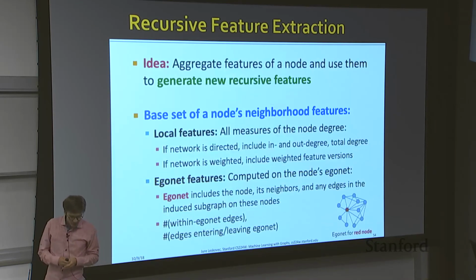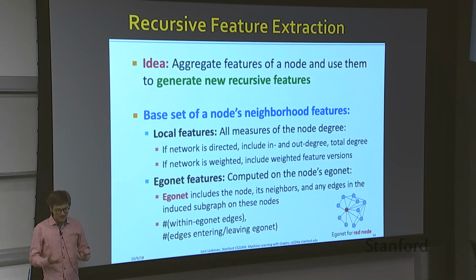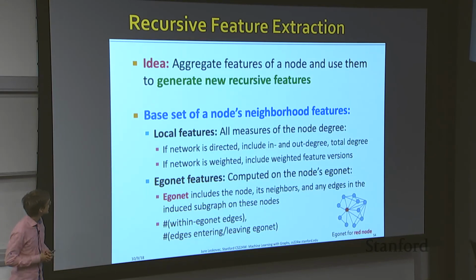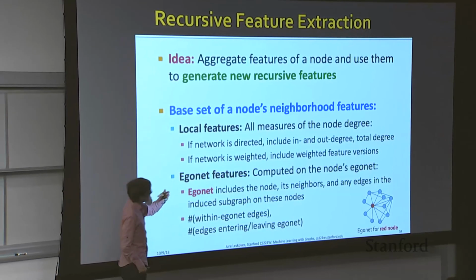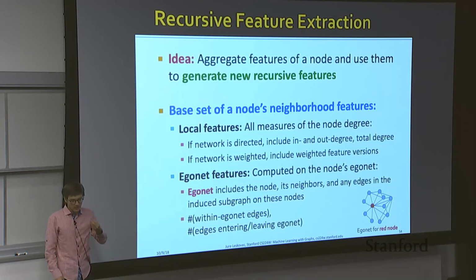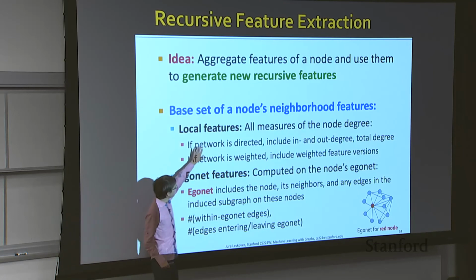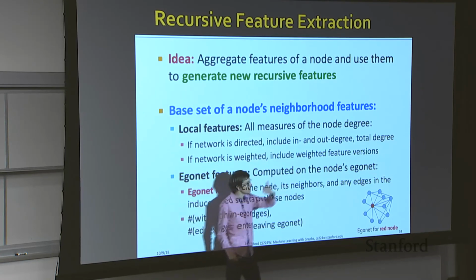The idea of recursive feature extraction is that we want to aggregate features from a node and turn them into new features, based on the features of the neighbors of a given node. First we will define a set of local features of a node, which are measures of the degree of the node.